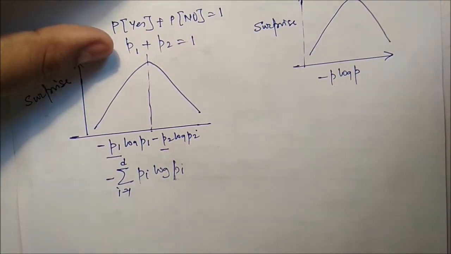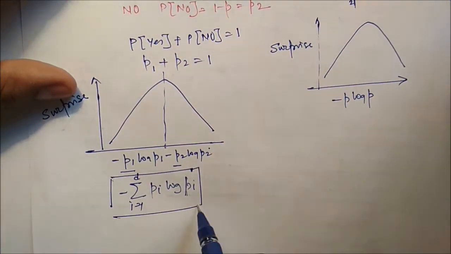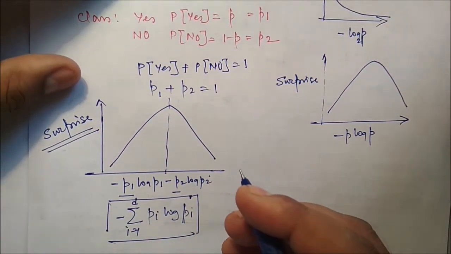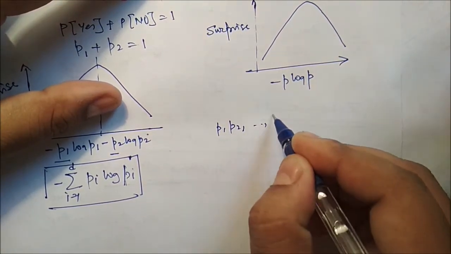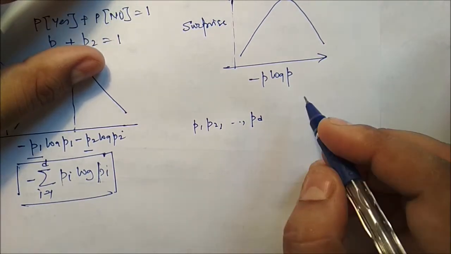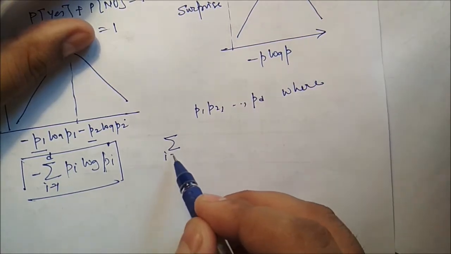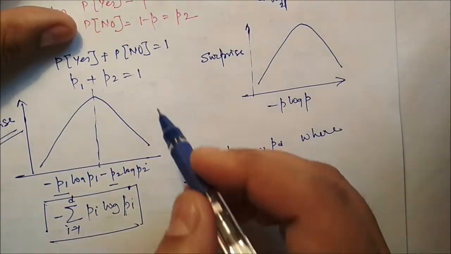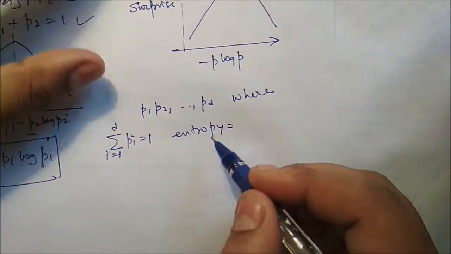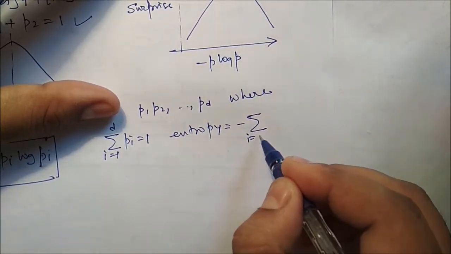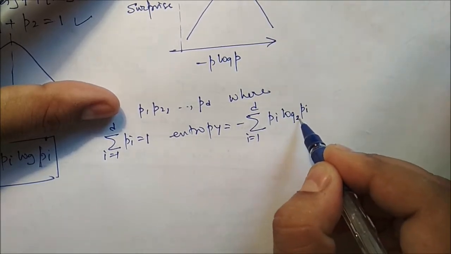Now the definition of entropy. Through this calculation we can quantify the surprise or uncertainty. So for the given probabilities p1, p2 to pd, where d is the number of class labels and the summation from 1 to d of pi is equal to 1, the entropy is minus the summation from 1 to d of pi log pi base 2.